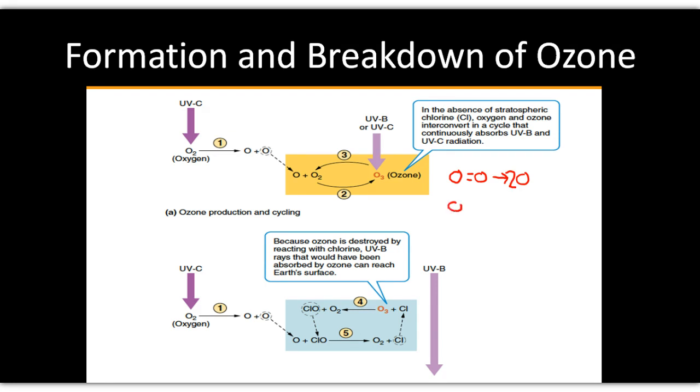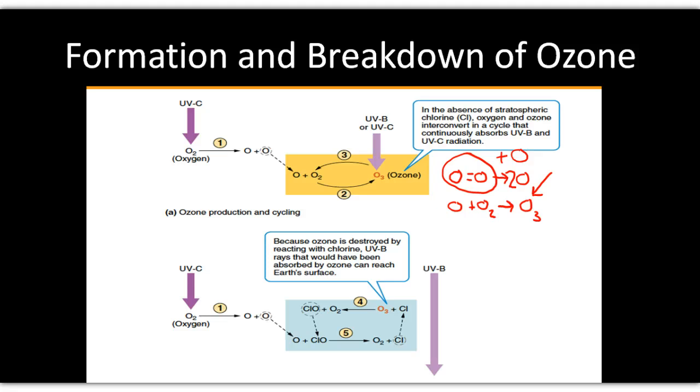Now that oxygen atom will react with an oxygen molecule and create ozone. And then that ozone layer will be struck by some UVB, UVC again, and it goes back to the beginning stage where you end up with O2 plus oxygen atoms, and the cycle just goes on and on and on.